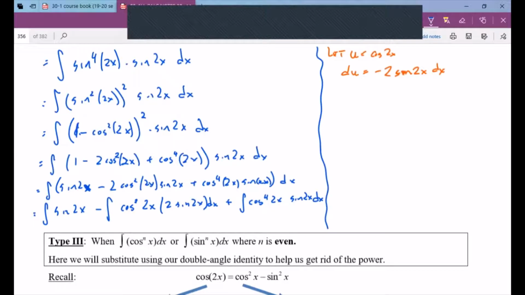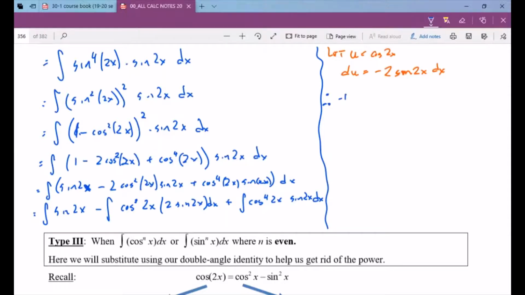So let's go ahead and integrate that now. So therefore, this is going to be equal to sine 2x. We can integrate that one directly. This ends up being negative 1/2 cos 2x. This next one, this is u squared down here, is your cos squared 2x.